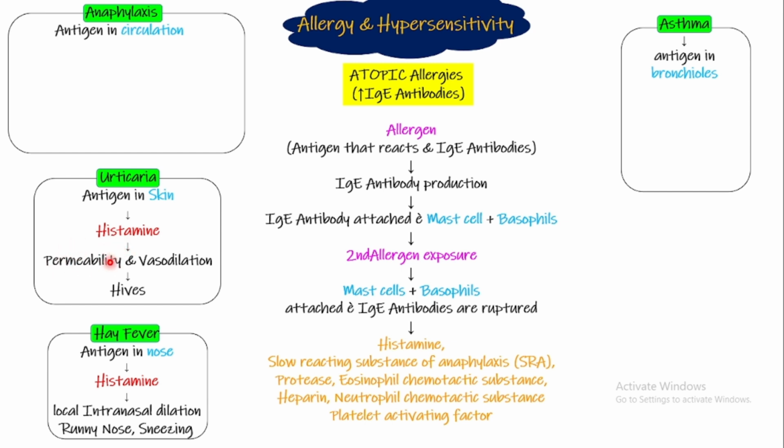So whenever there is an allergen in the skin, the immune system is going to respond by production of histamine in the skin. That histamine will increase the permeability and cause vasodilation in the blood vessels of the skin, which will result in hives and itching and redness of the skin, which is basically urticaria.